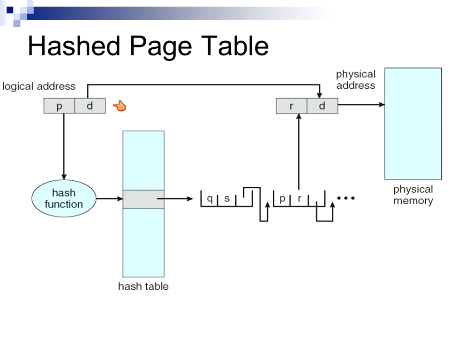But our page tables are getting too big to just store all those in a simple page table, so we could potentially use what's called a hashed page table. And this is common in address spaces where your logical address is greater than 32 bits. That's where, if we were using the hierarchical page tables, you might have a page table of a page table of a page table and so on.